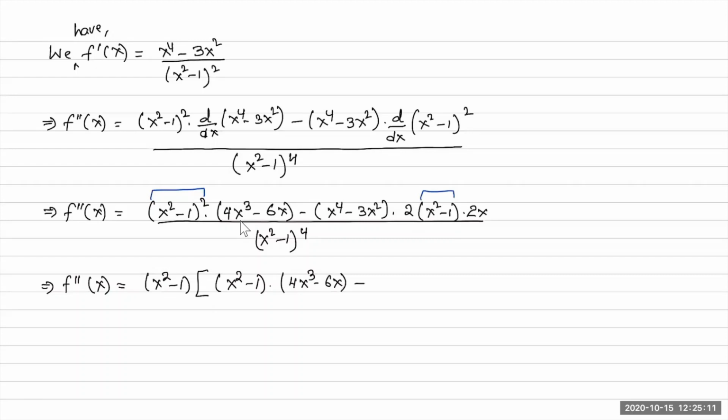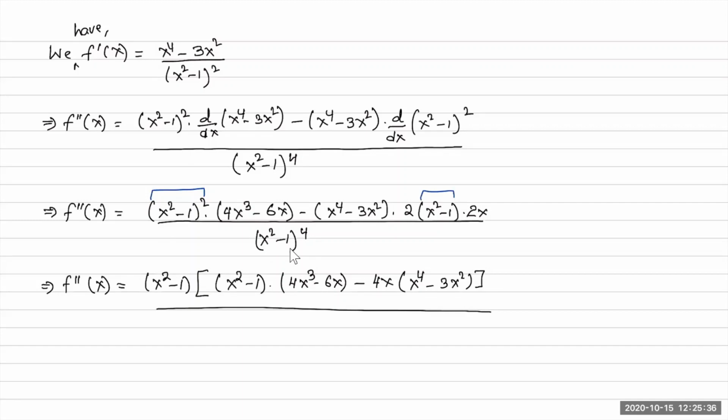And then minus, now in the second term, you have to be very careful and look at it carefully. This is already factored out. Here we are left with 2 times 2, 4x multiplied to that. So 4x multiplied to (x to the 4 minus 3x squared). And then in the denominator, look at the denominator carefully.